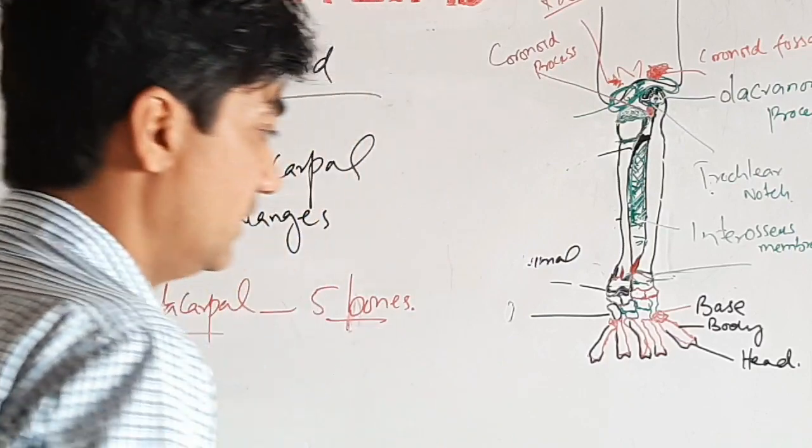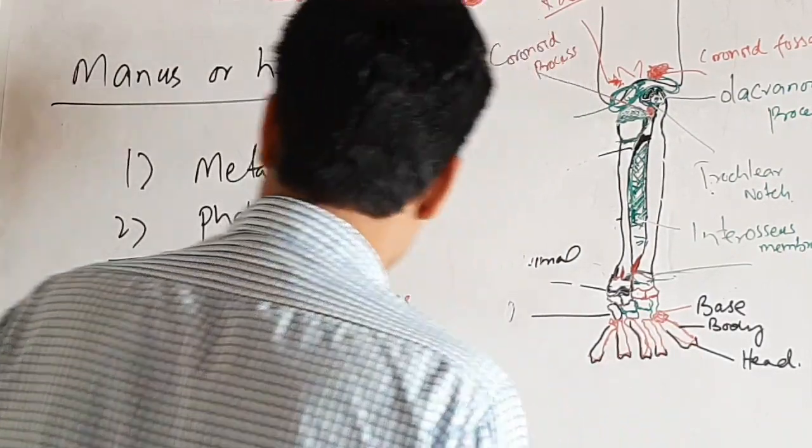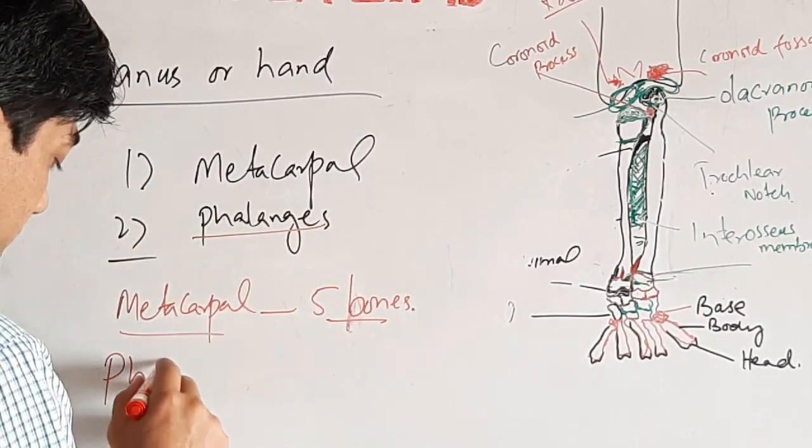This is the head of the metacarpals. And the phalanges are the second part of the manus or hand.